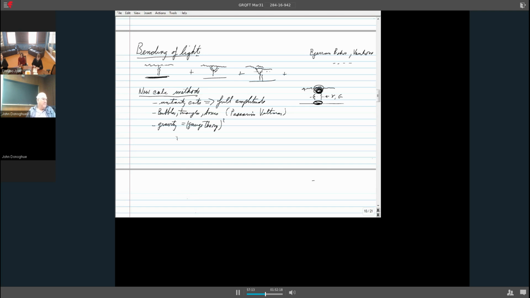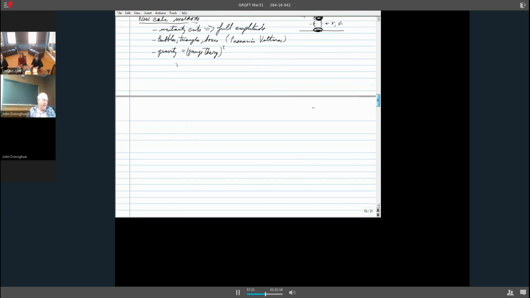This is the Passarino-Veltman. Passarino-Veltman tells us that all one-loop amplitudes can be decomposed into factors times the scalar box, the scalar bubble, and the scalar triangle. We know the cuts associated with those, and so you are looking at calculating the cuts.